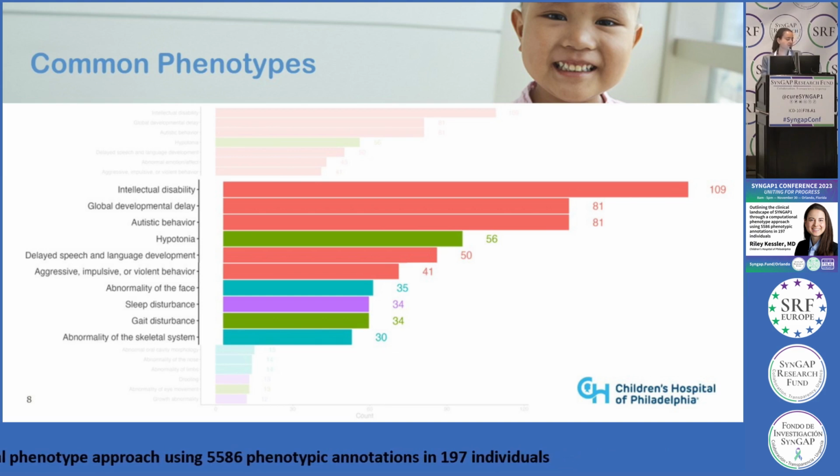I also thought it was interesting that we see abnormality of the face and abnormality of the skeletal system here. And that represents that across the cohort, there was a smattering of different dysmorphic features that were reported. And when we used our propagation technique, these more umbrella terms kind of rose to the top as some of the more commonly reported phenotypes.